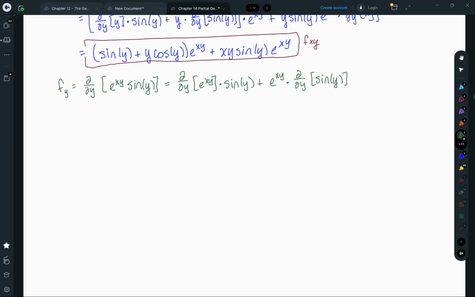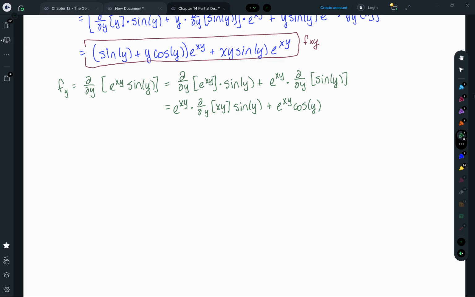Okay, we know now del y of e to the xy will be e to the xy times del y of xy, and then that sine is still there. Plus, now e to the xy times del y of sine of y, that's going to give me a cosine there. So I have e to the xy cosine of y.